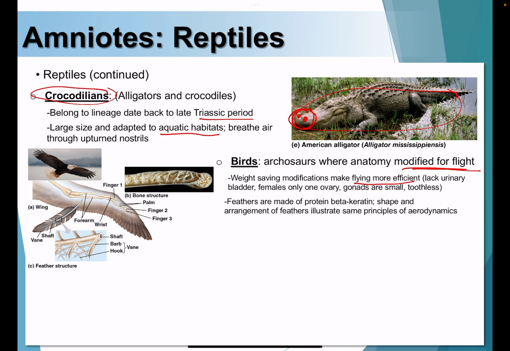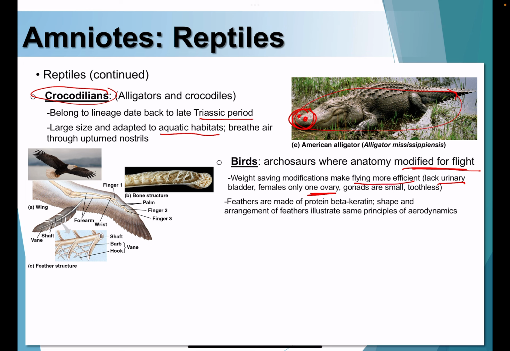So when we're talking about birds, they actually don't have a urinary bladder. That's an extra organ that they would have to keep in the body that would weigh them down. Females only have one ovary, so I guess even that one ovary can make that much of a difference in the bird's weight.